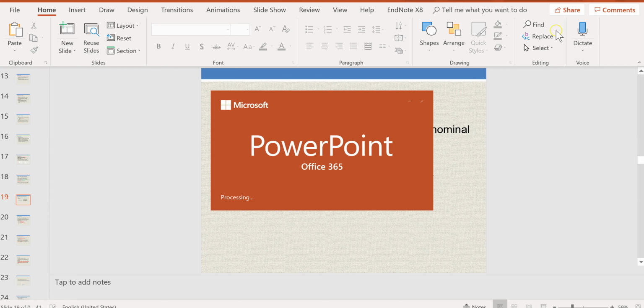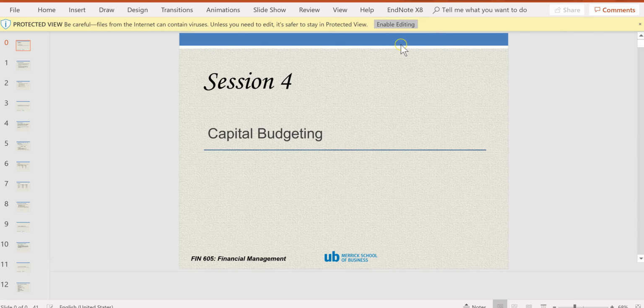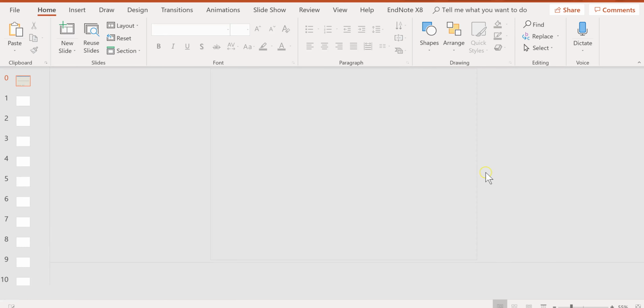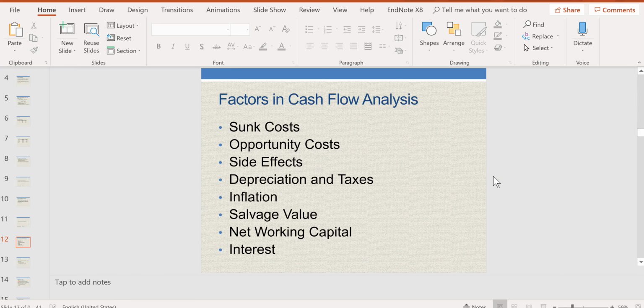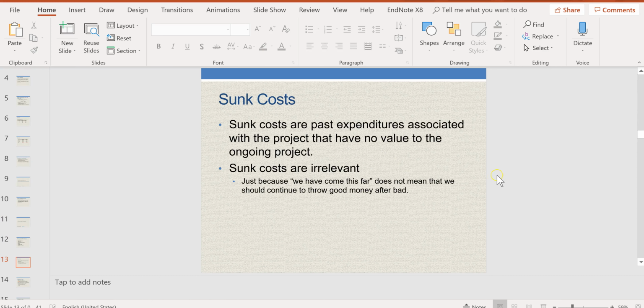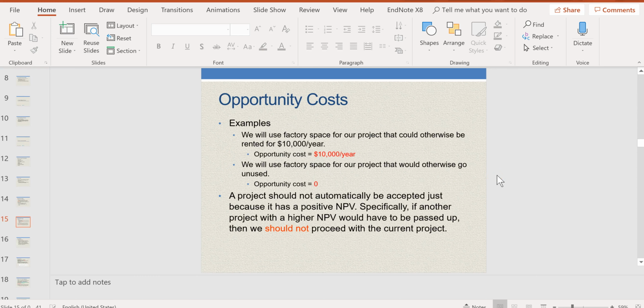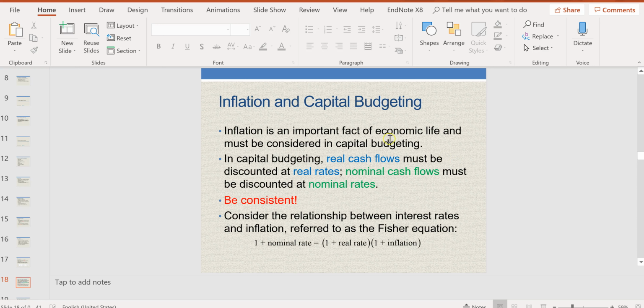You can see that here I just summarized the major points in each session. You can just go to the inflation and the capital budgeting.